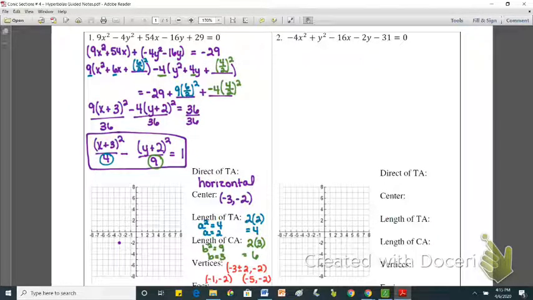This is horizontal. So from my center point, I'm going to do 2 to the right, and I'm going to do 2 to the left. That gives me a transverse axis that has a length of 4. My conjugate axis is going to go the opposite way. So instead of left, right, it's up, down. So I'm going to go up 3 and down 3.